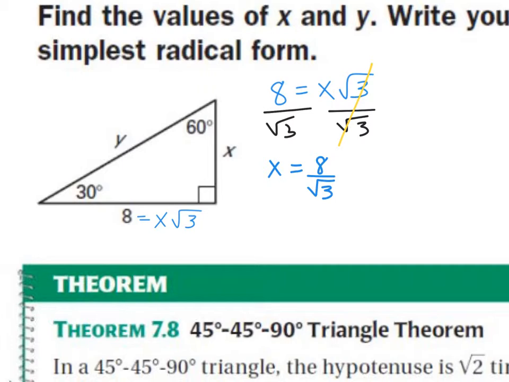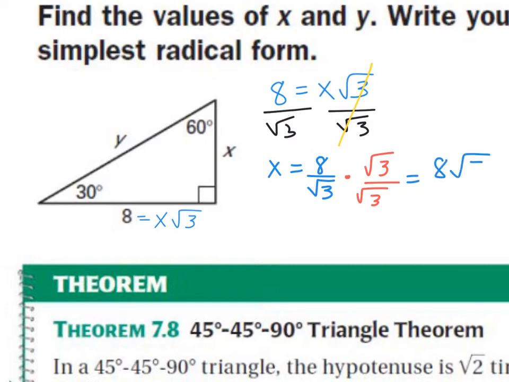But if you remember back to Algebra 1, we do not like having square roots in the denominator. And so you have to do what's called rationalizing. You have to multiply the top and the bottom by that square root. So multiply the top and the bottom by square root of 3. That'll get you 8 root 3 on the top.